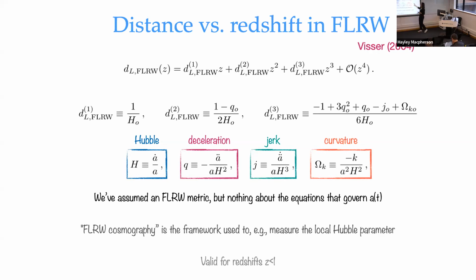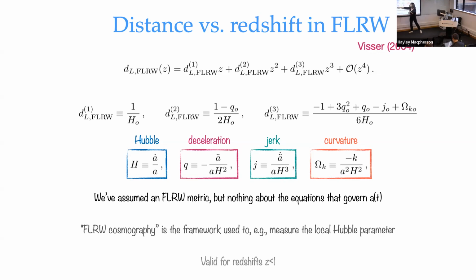In getting here, we've explicitly assumed an FLRW metric, but we haven't assumed anything about the field equation. So we haven't assumed anything about how our scale factor a(t) evolves. It could have any kind of expansion history. This is exactly why cosmography is a very attractive method, and it's used a lot in low redshift analysis, because you can maintain this kind of generality in your constraints.